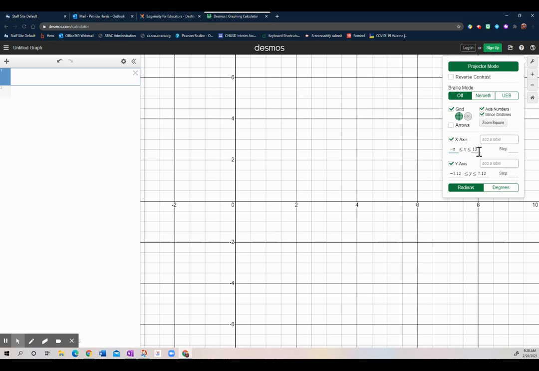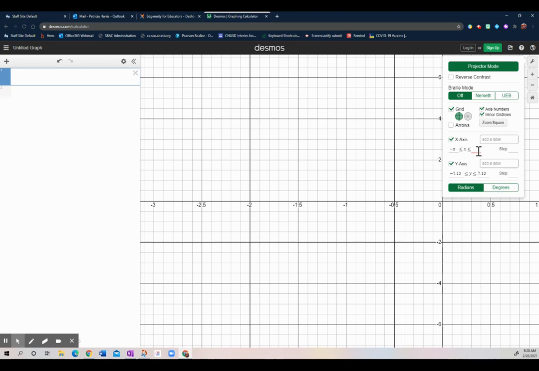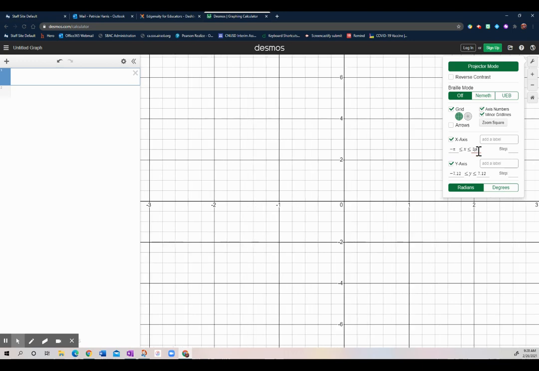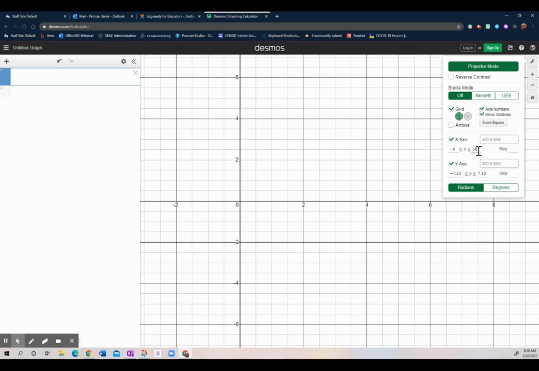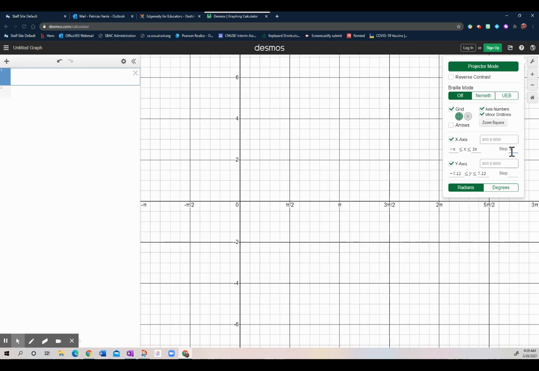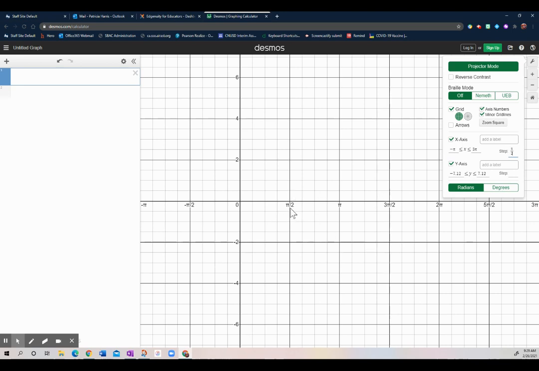And then since most of my problems go to 2 pi, I'm going to go ahead and change the +10 to a 3 pi, just like that. And then what's really cool is I can change my step to pi over 2. So I have a nice step, and you'll notice that it changes the values on my x-axis to pi.